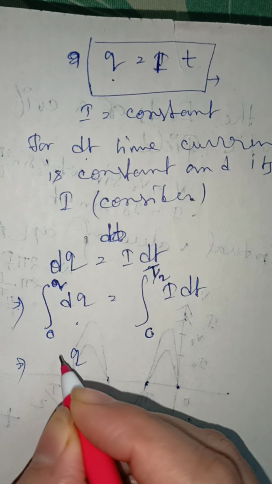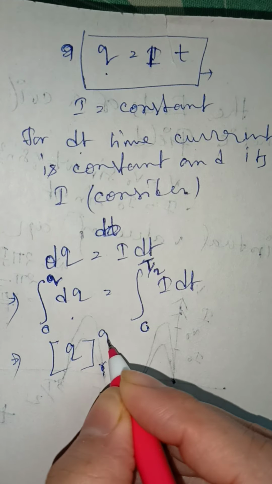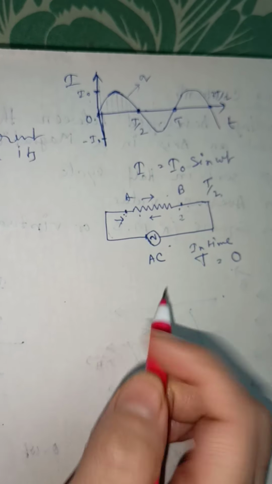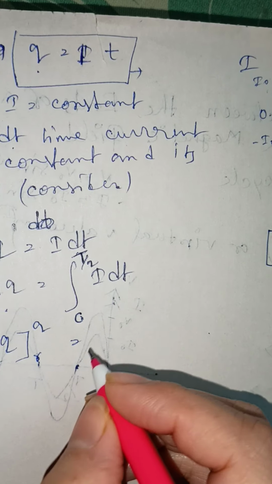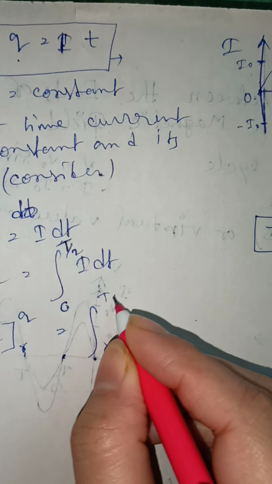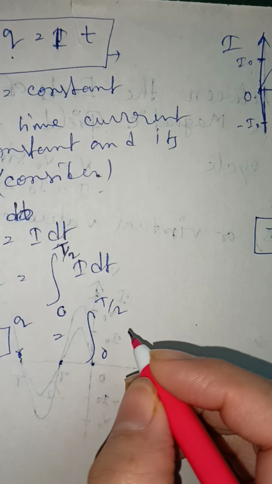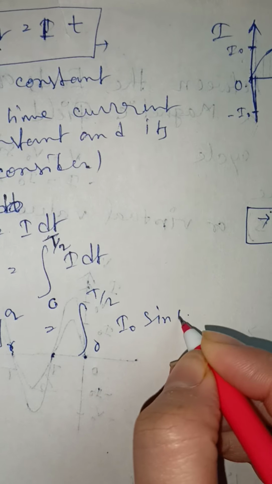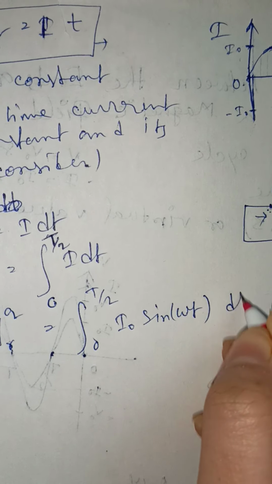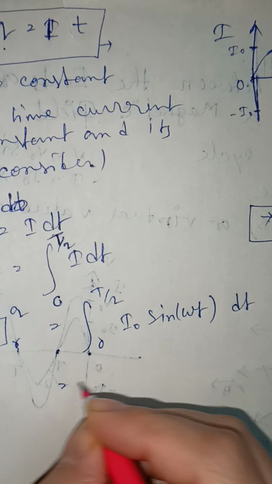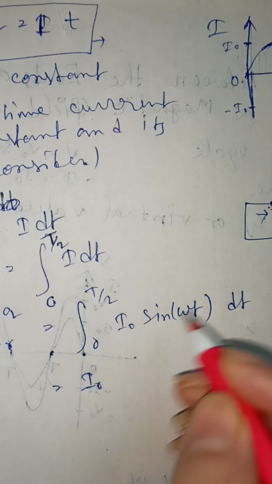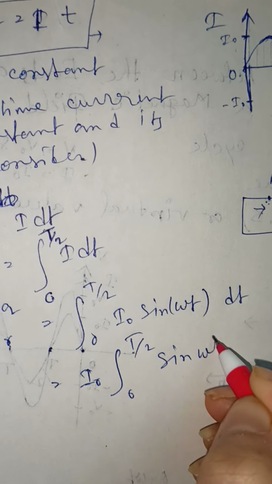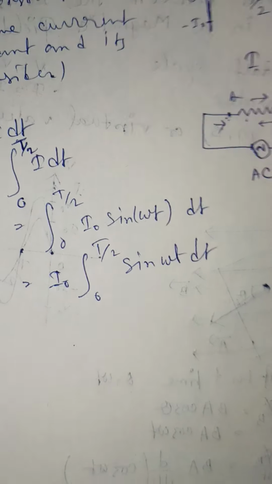So this one is q, from 0 to q, equals, what about I? We know that I equals I naught sine omega t, from 0 to T by 2. Here I equals I naught sine omega t into dt. I naught is constant, so we have to integrate sine omega t dt.